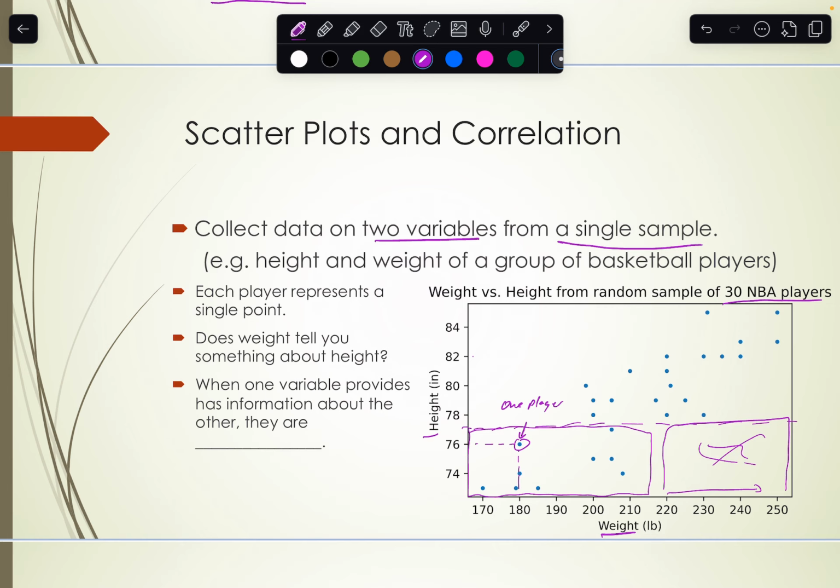Likewise, there's nobody above 82 inches that weighs less than 210 pounds. So, in a very mild sense, weight does tell you a little something about the height. That represents what we refer to as a correlation. When one variable provides information about the other, they are correlated.